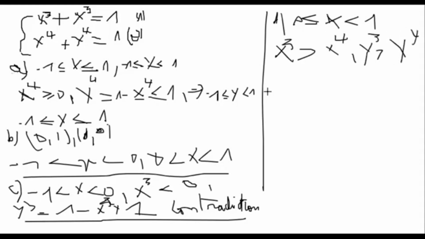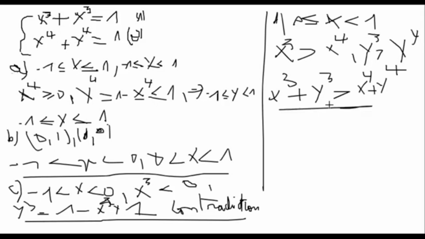Hence x cubed plus y cubed is more than x to the power 4 plus y to the power 4. Then it is impossible that we have both x cubed plus y cubed equal to 1 and x to the power 4 plus y to the power 4 equal to 1 because of this inequality. This is another contradiction, which means that the only solutions of this system are (0, 1) and (1, 0).